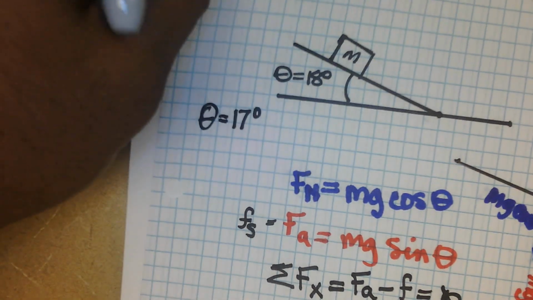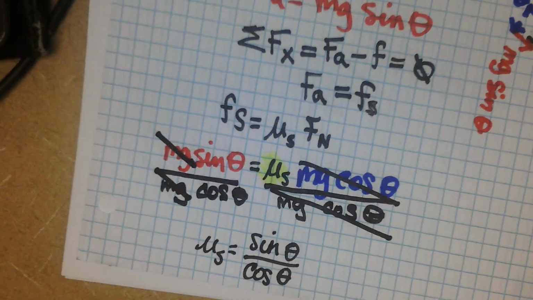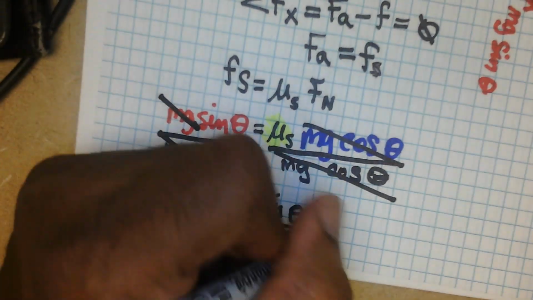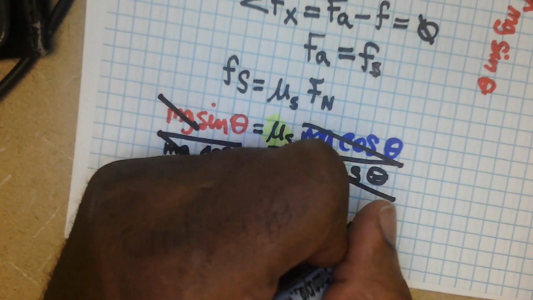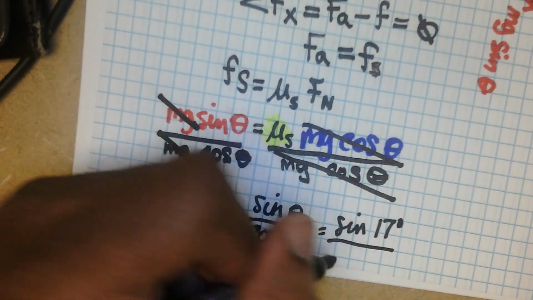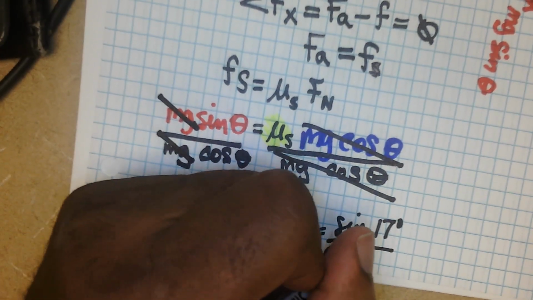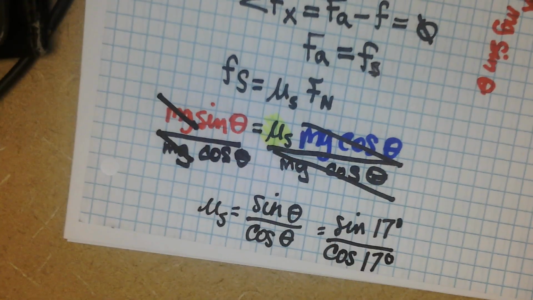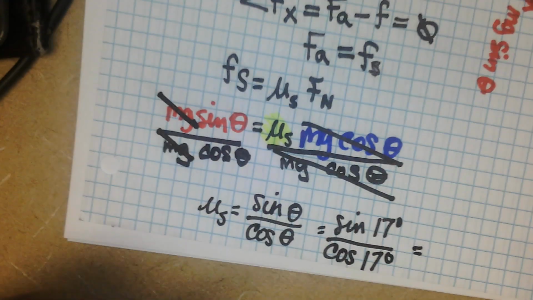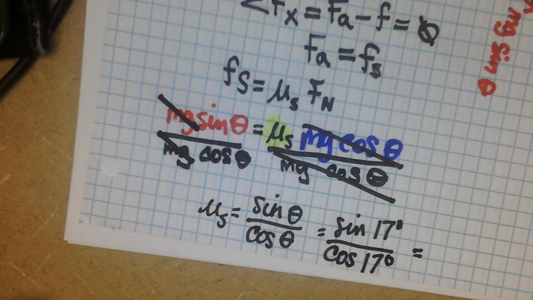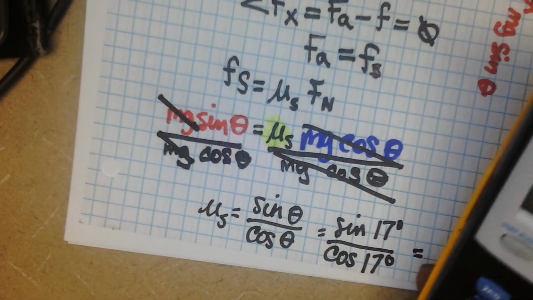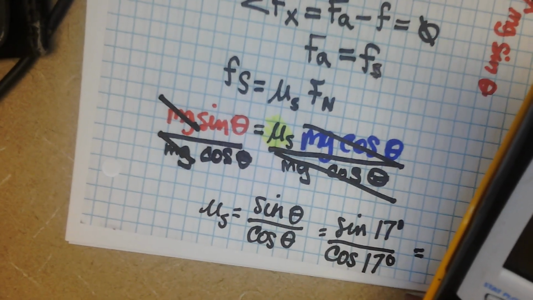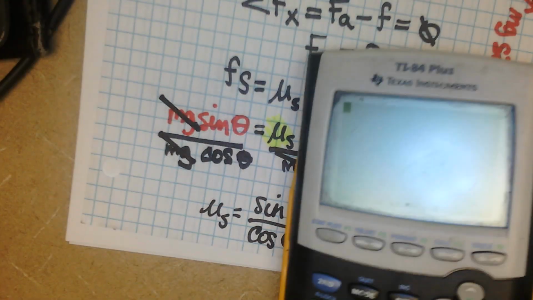So if that was the case, to find the coefficient of static friction, you would say sine 17 degrees divided by cosine 17 degrees. And after that, you get your calculator out.